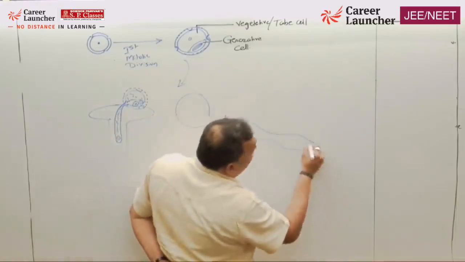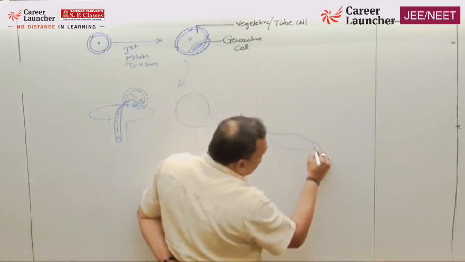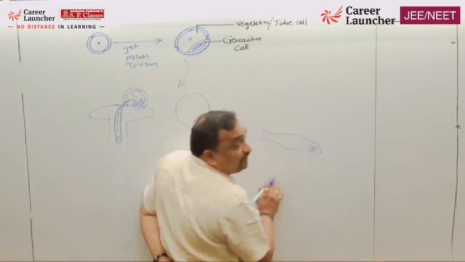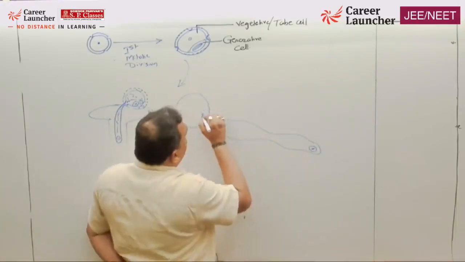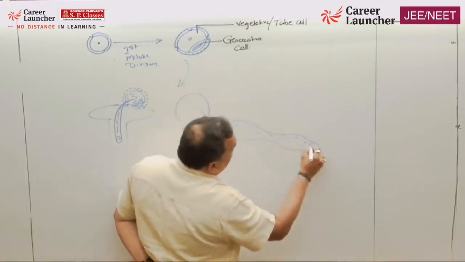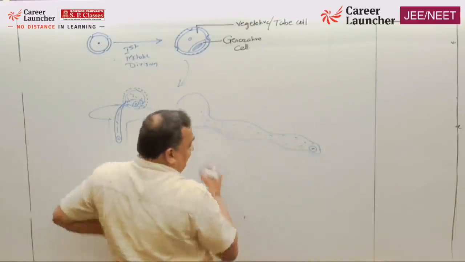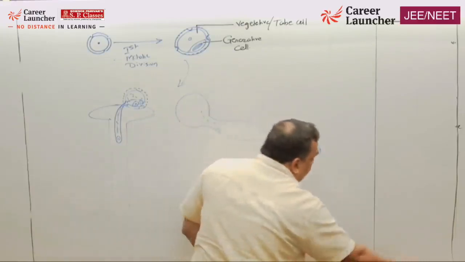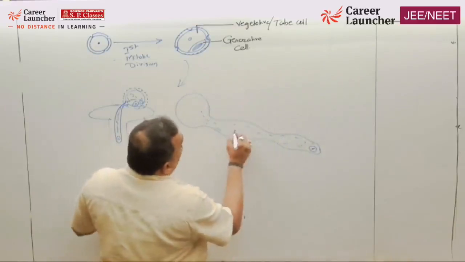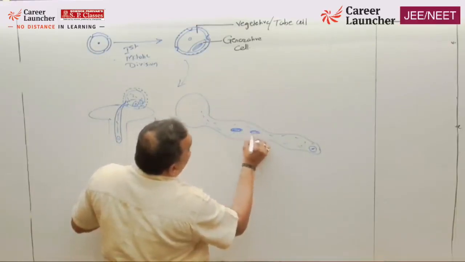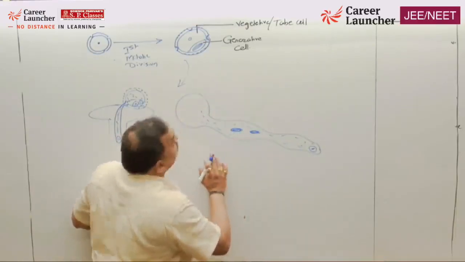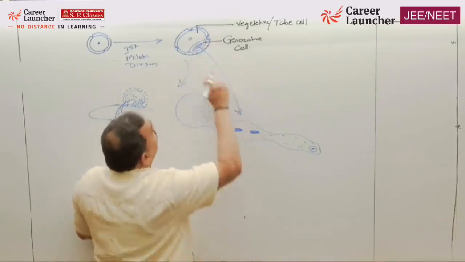It shows the presence of the tube nucleus at the tip, the cytoplasm present all across, and the formation of two haploid non-motile male gametes.